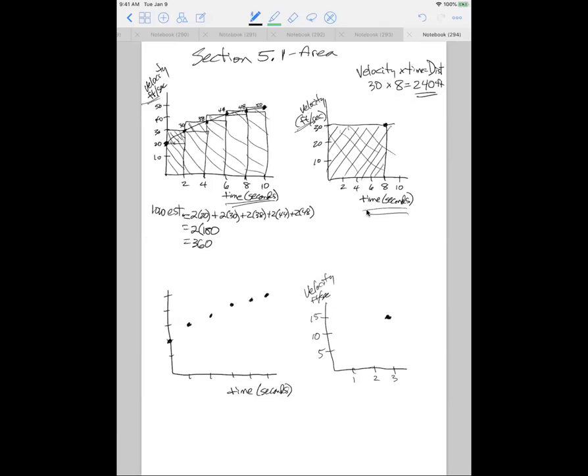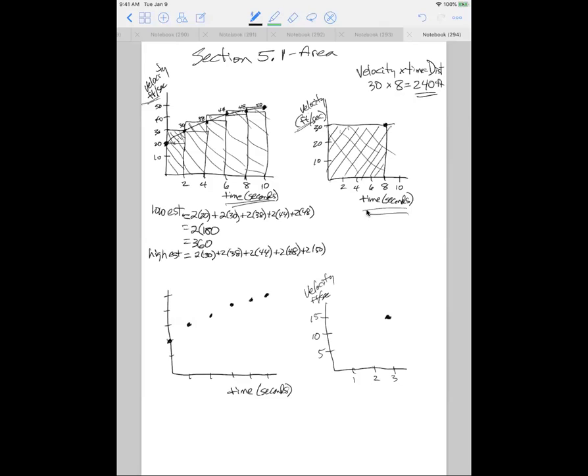Now this is a high estimate because every one of them is higher than we actually went. But we've got 2 times 30 this time, the lowest rectangle, then plus 2 times 38, plus 2 times 44, plus 2 times 48, plus 2 times 50.